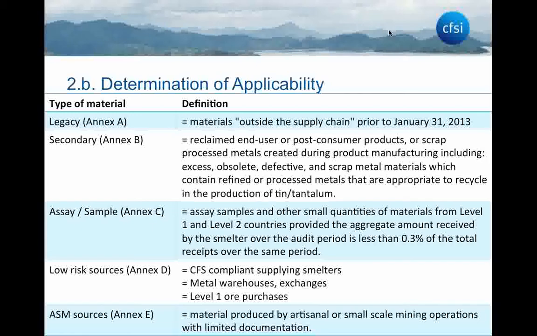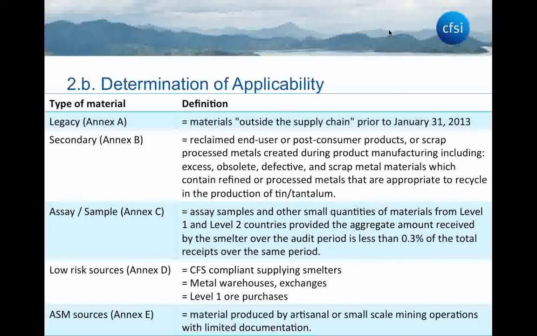This definition originates in the OECD due diligence guidance, and the audit protocol includes extensive lists of examples of material that would fall under this definition. Auditors are primarily expected to validate that what the smelter has claimed to be secondary material is indeed secondary, and as such there is a very limited expectation on documentation that needs to be available.